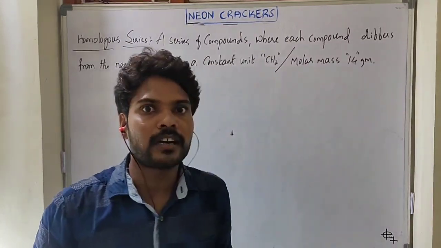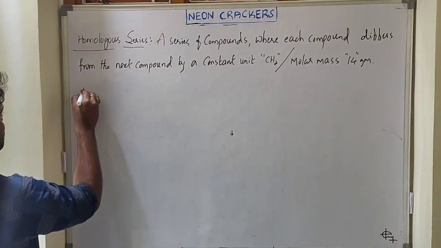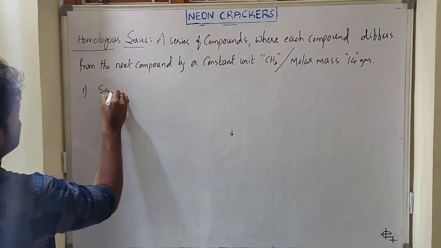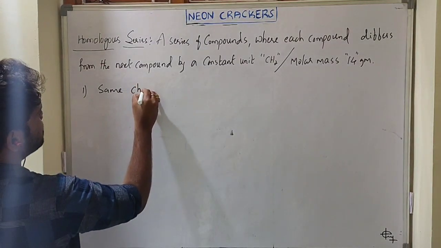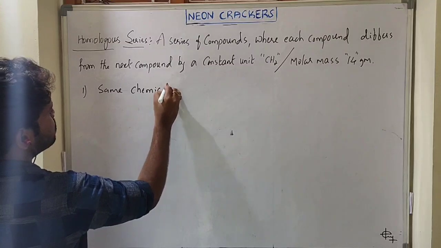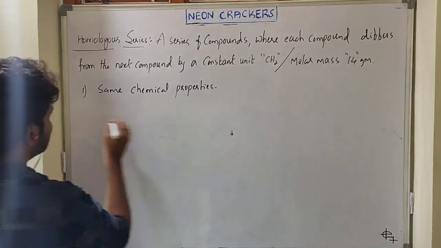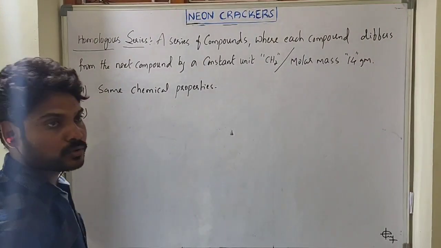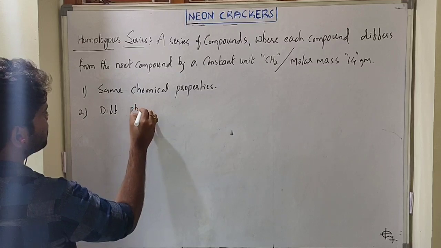And there are three important conditions to say homologous series. So what are those? Let's see. The first condition is that the two members should have the same chemical properties. The second condition is that the two members should have different physical properties.